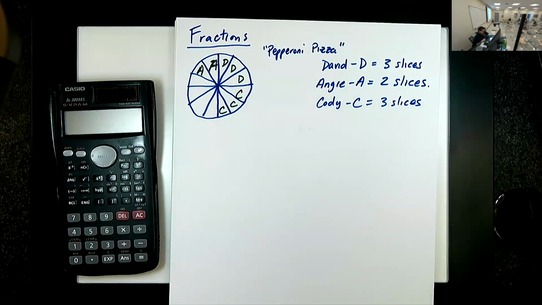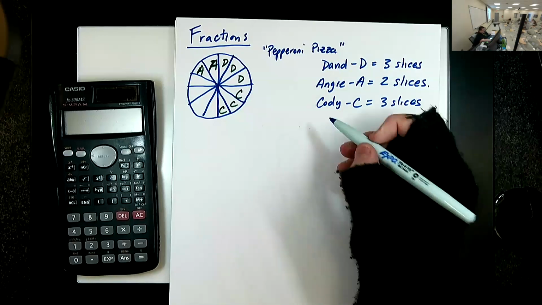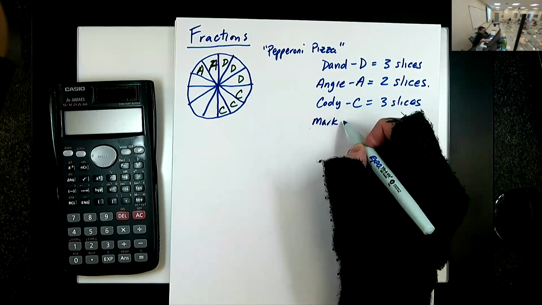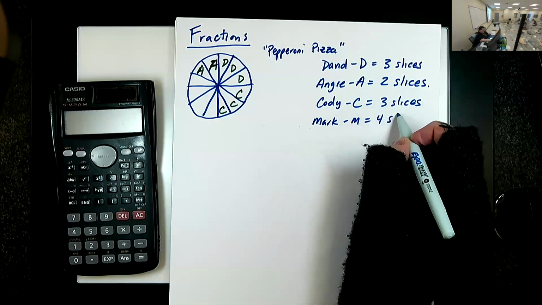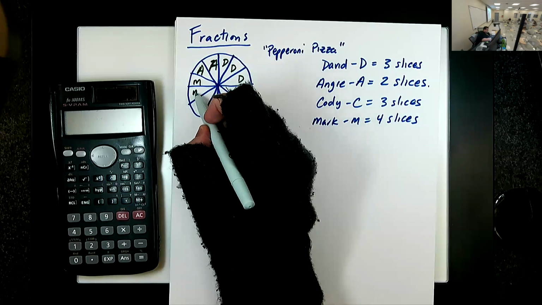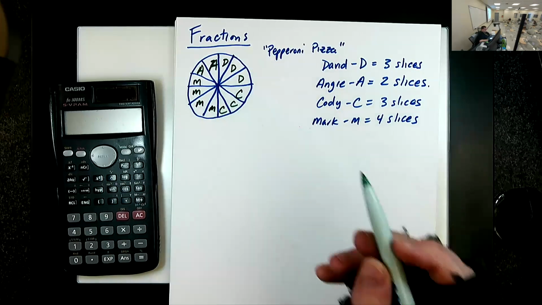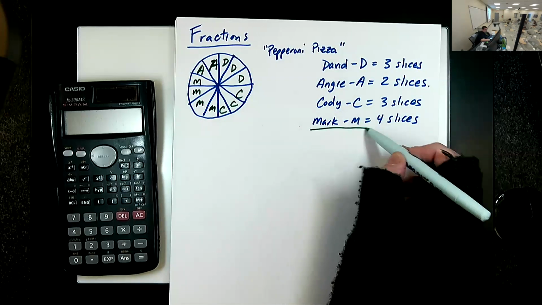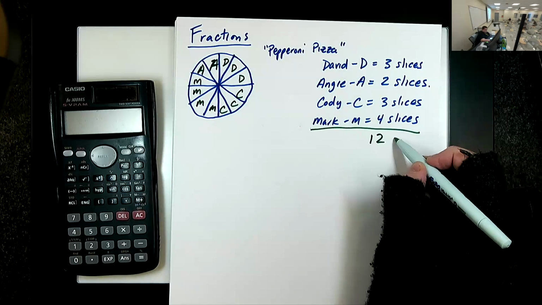This is too close to alphabetical. I'm going to go with Mark. Mark said, you know what, I'm hungry, and he ate the last 4 slices. All of them add up to 12 slices.